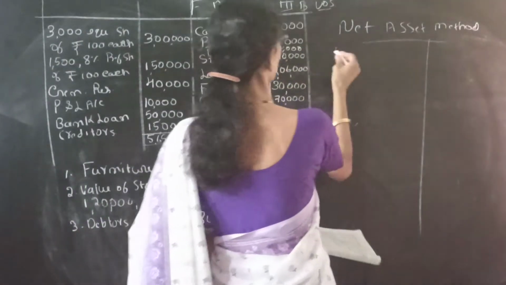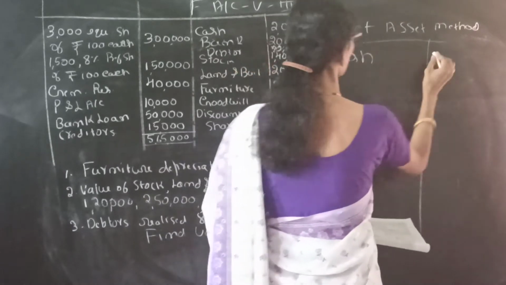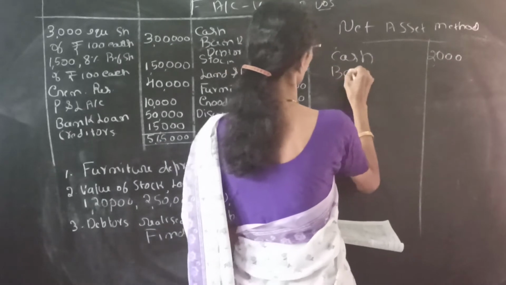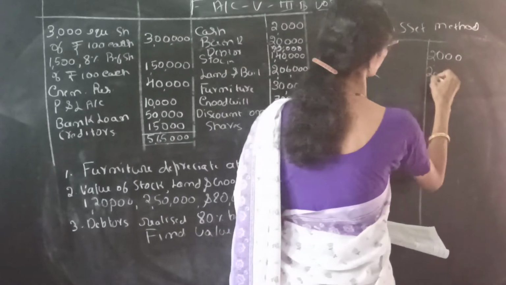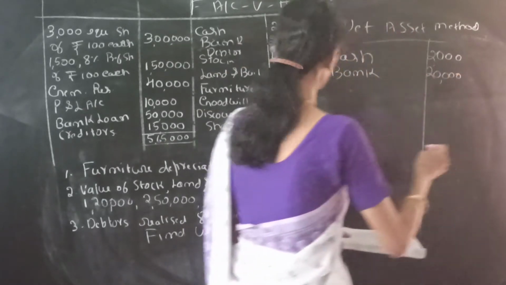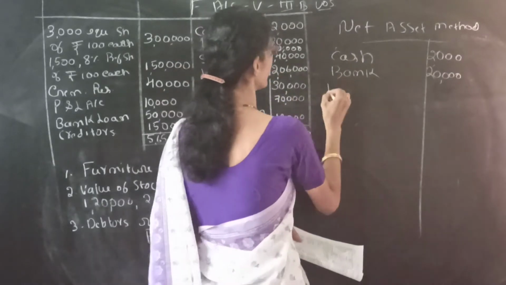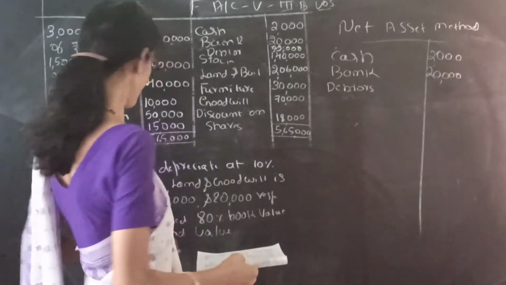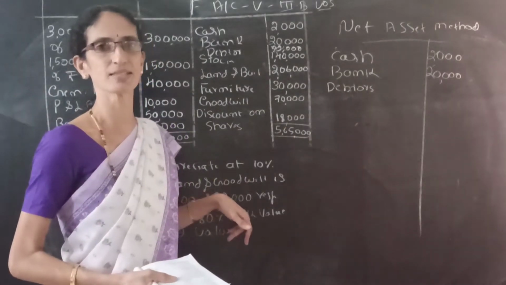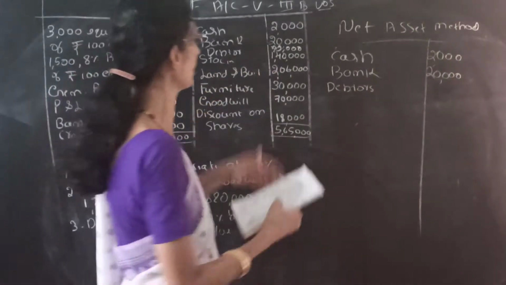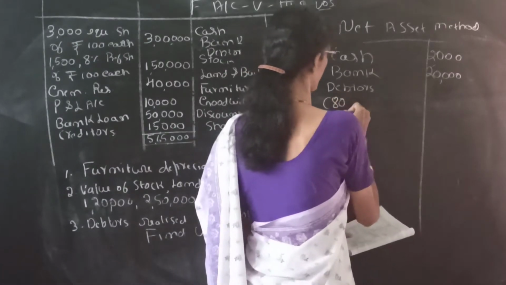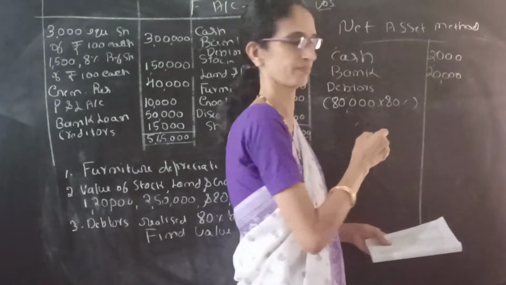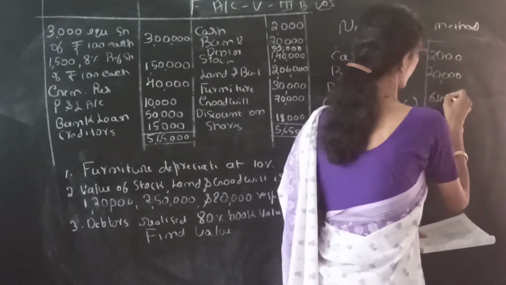So first take cash as it is, cash 2,000, then bank 20,000, then debtors. See here it is given, debtors realized 80% of their book value. So the book value given in the balance sheet is 80,000, 80,000 into 80%. So it is 64,000.